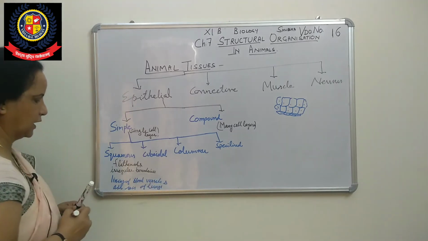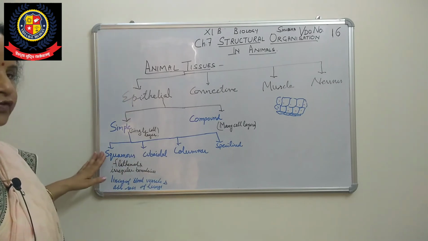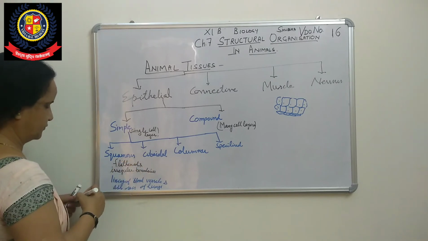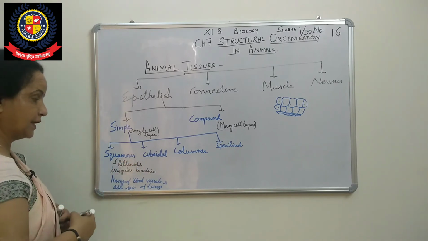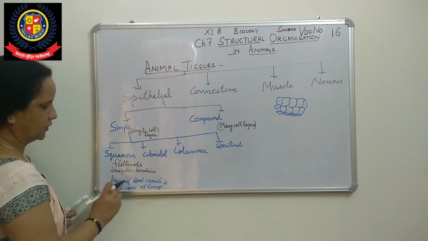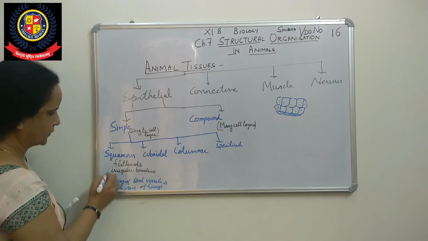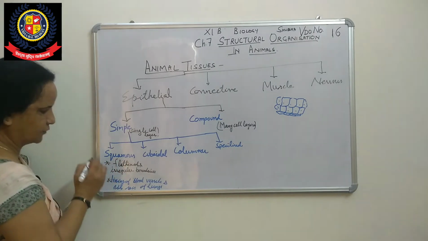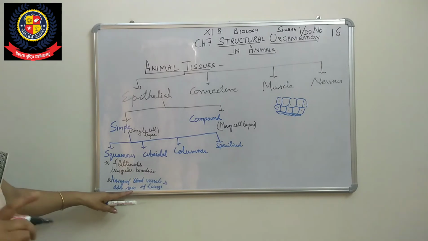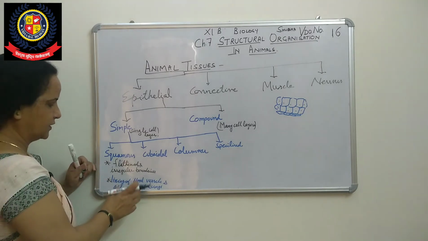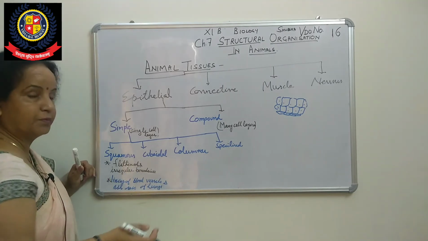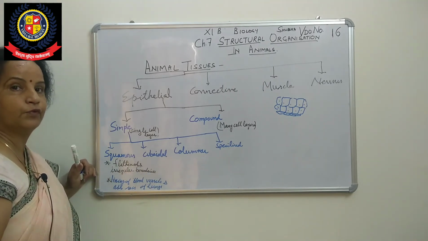Air sacs of lungs have squamous, flattened tissue with irregular boundaries. Their function is that they are present in the lining of blood vessels and air sacs. So the main function is diffusion.